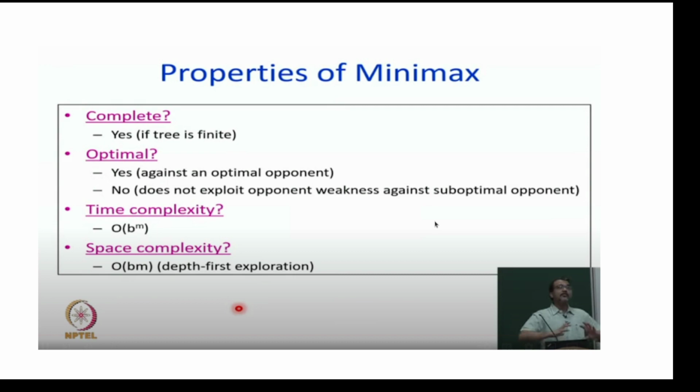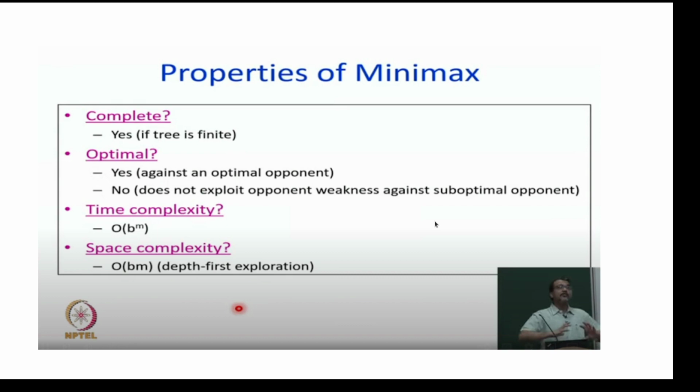Whether it's optimal or not: what does that mean? Optimal means if it finds a solution, the solution will be optimal. So the answer would be yes and no both, depending on the situation. It would be yes if it is playing against an optimal opponent. If the computer is playing against a very optimal player, then it is expected to find the optimal solution.